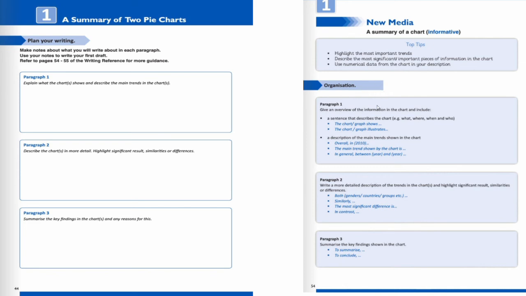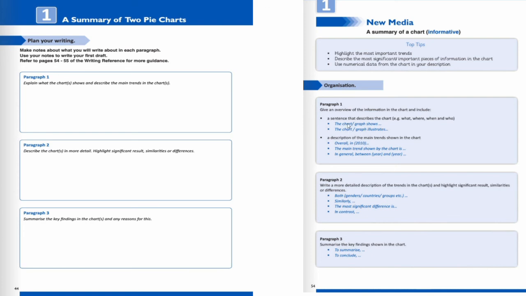The organization, paragraph number 1. Give an overview of the information in the chart and include a sentence that describes the chart. Example: what, where, when, and who. The chart or the graph shows. The chart or the graph illustrates.